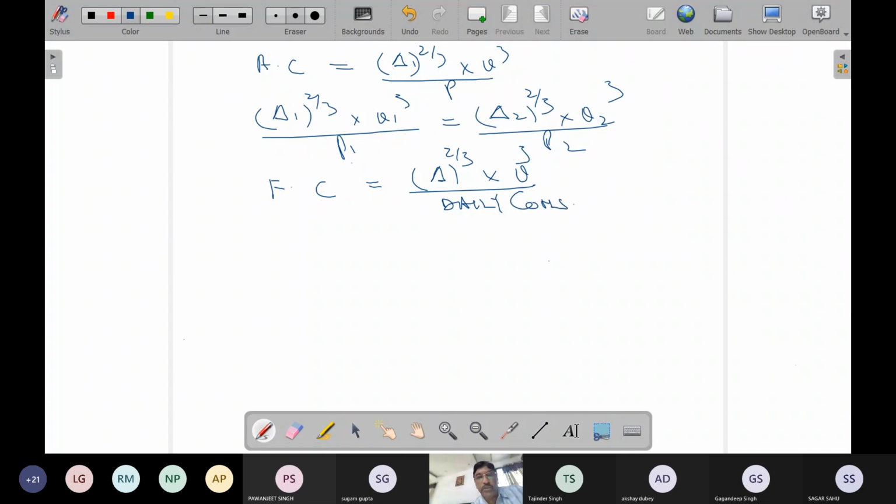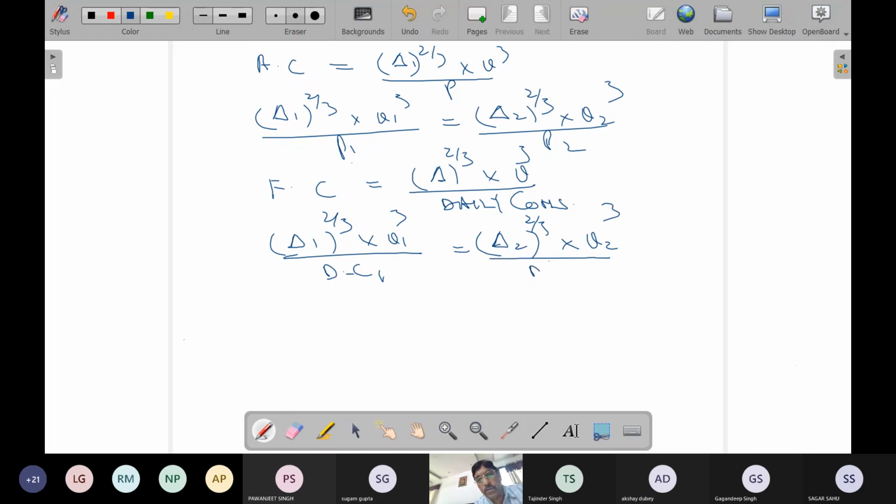This is the fuel coefficient formula, and from this we can write delta 1 to the power 2 by 3 into V1 cube divided by DC1. DC1 is daily consumption under first set of condition, is equal to delta 2 to the power 2 by 3 into V2 cube divided by DC2. So this is the next relationship which we developed.